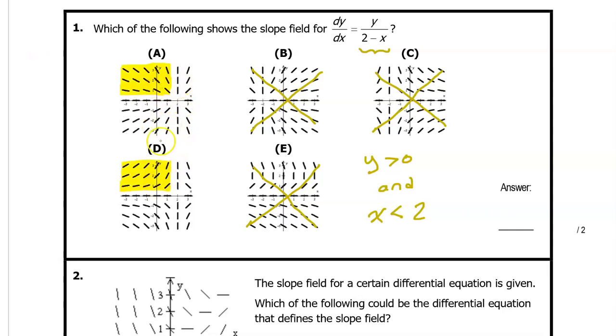Here I've highlighted the sections where y is greater than 0 and x is less than 2. Only D has the positive slopes, so the answer is D. In retrospect, this clue alone would have told us that the answer is D, because D is the only slope field that has all positive slopes in the region where y is greater than 0 and x is less than 2.